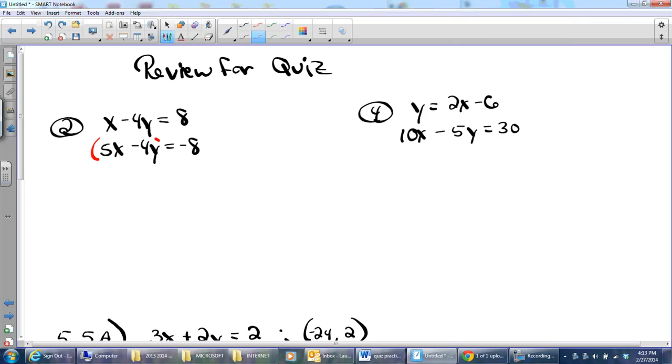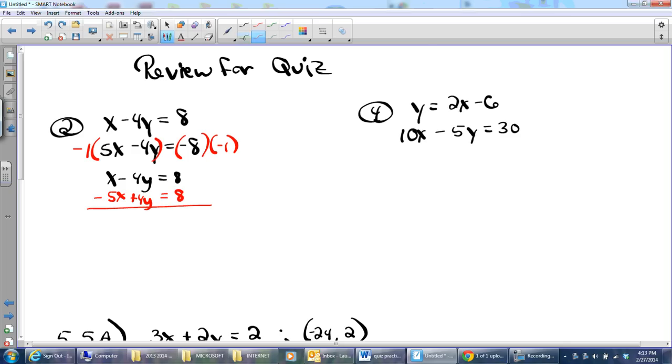If I just multiply this side of the equation by negative 1, my first equation, of course, is still x minus 4y equals 8. And then my second equation is negative 5x plus 4y equals 8.